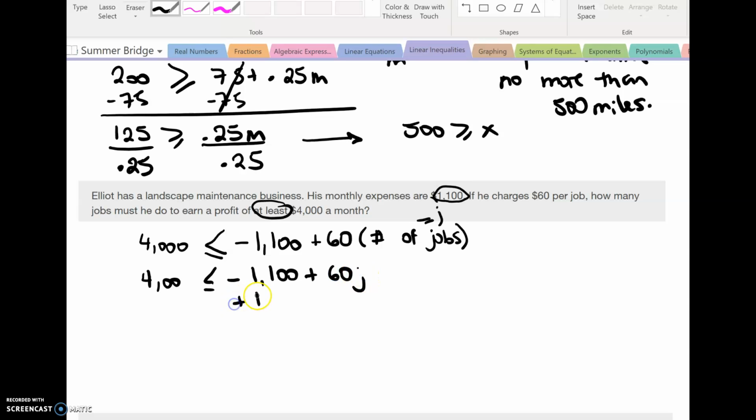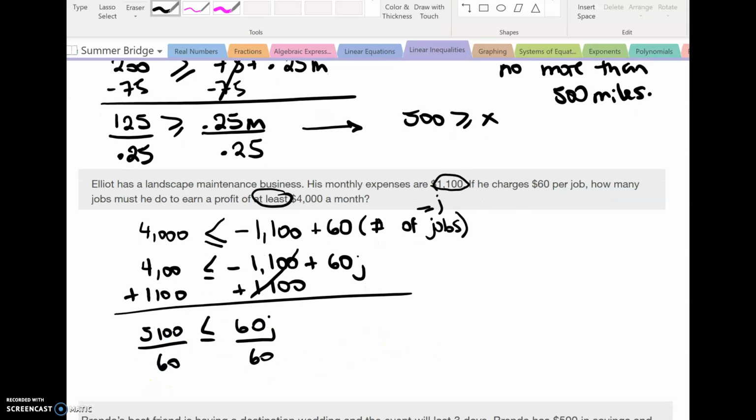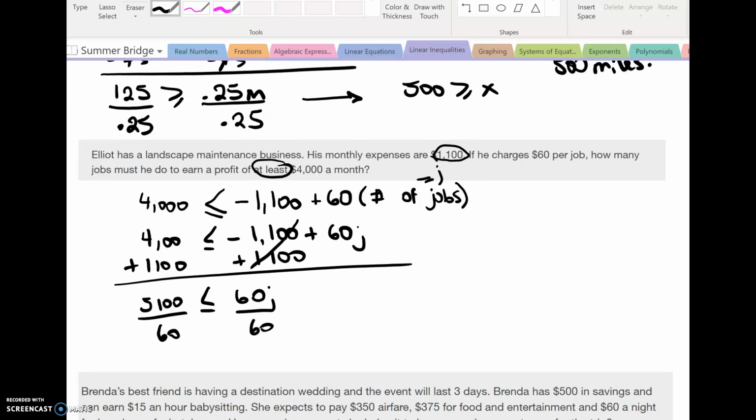So I'm going to add 1,100 to both sides. So I have 5,100. And then I'm going to divide by 60 on both sides. So that means that he has to do a minimum of 85 jobs in order to be able to make at least $4,000.